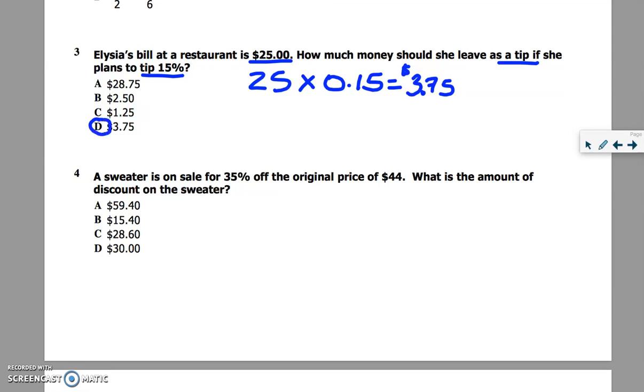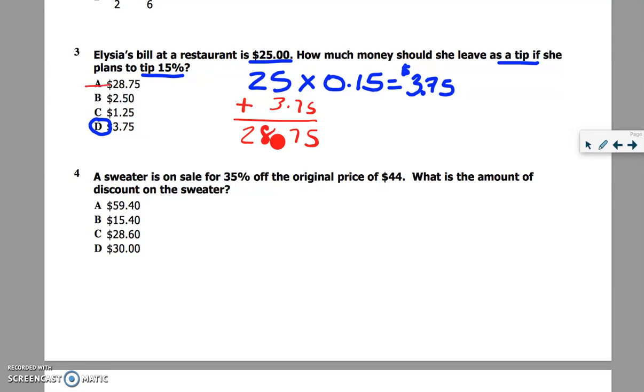Not to be confused with, if you went too far, you might have added the $3.75 to 25, and then you would have gotten $28.75.